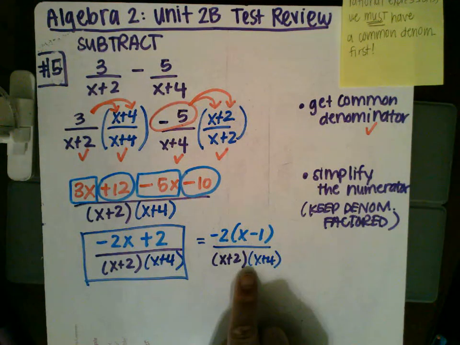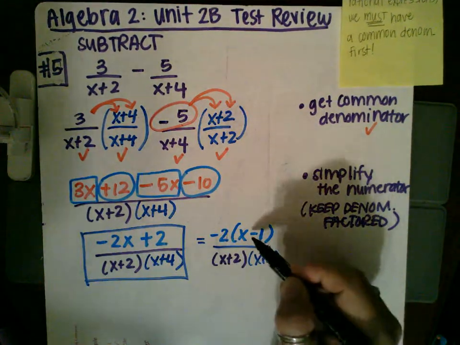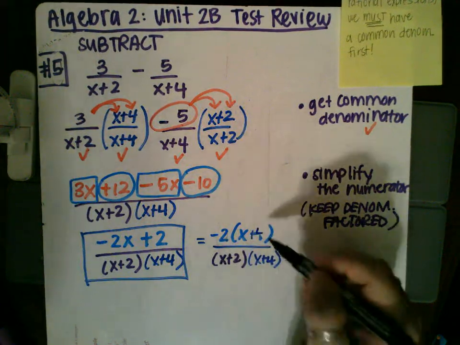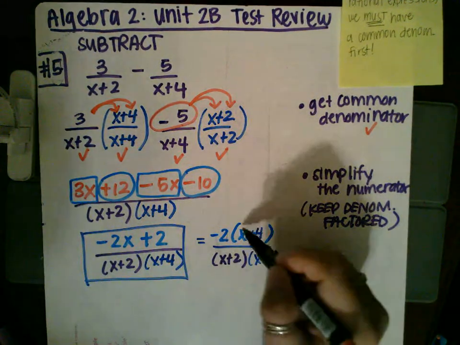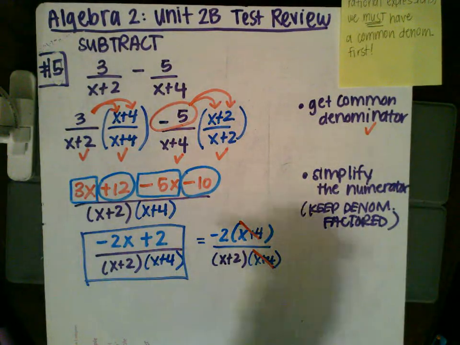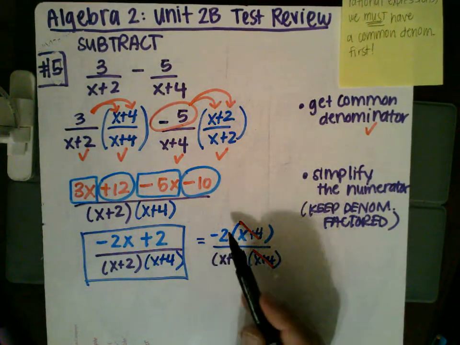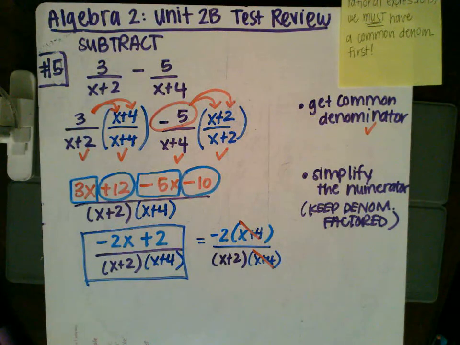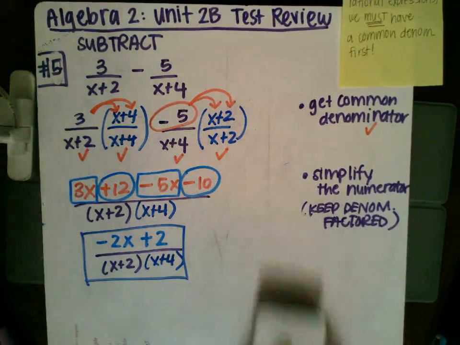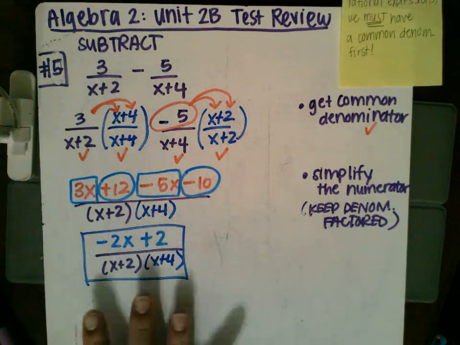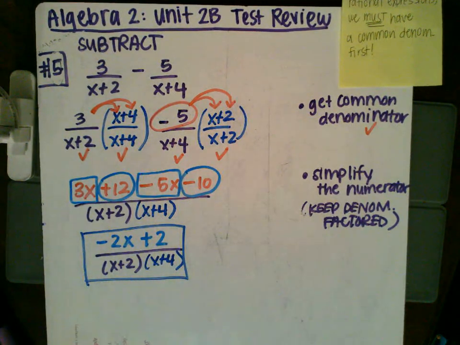If it factors and something cancels out, like say this was an x plus 4, right? It's not, but if it was, then I could cancel terms and my final simplification would be negative 2 over x plus 2. Then that's helpful. But if it does not reduce, then I leave it as the step before. Leave it as unfactored for the numerator.